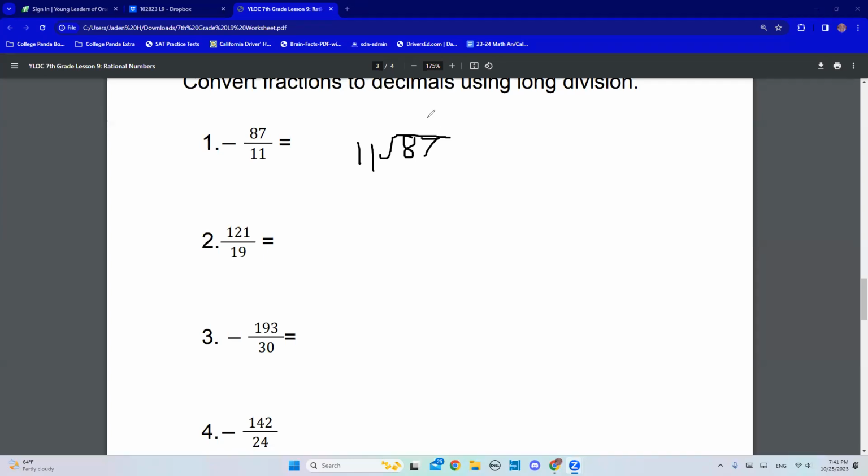Well, it can go into 87 7 times. So let's subtract that here.